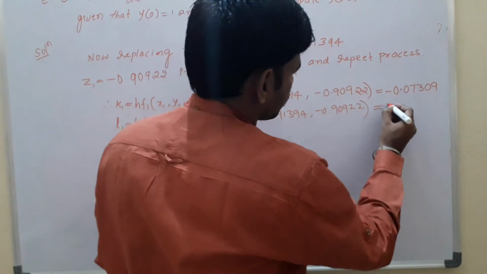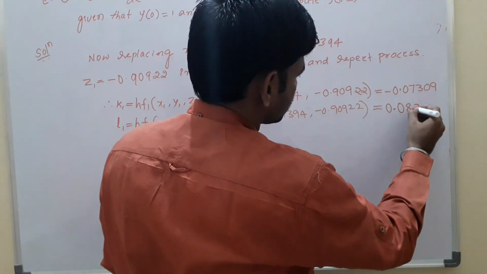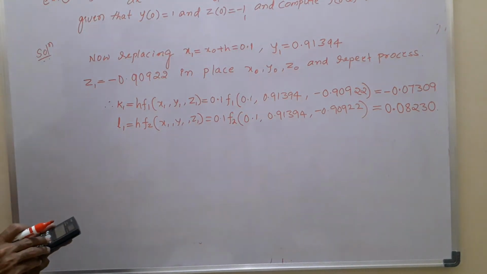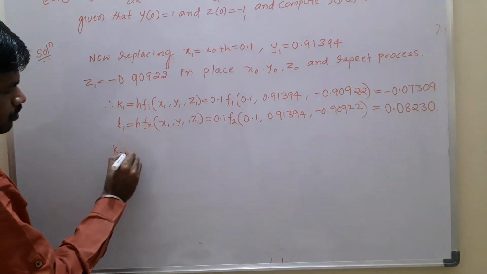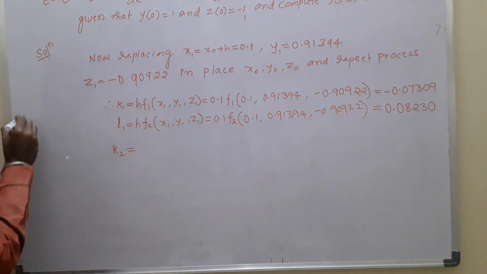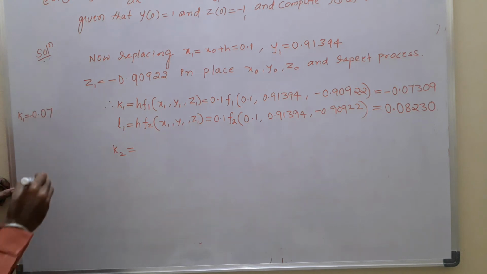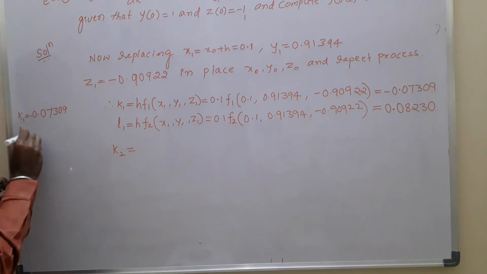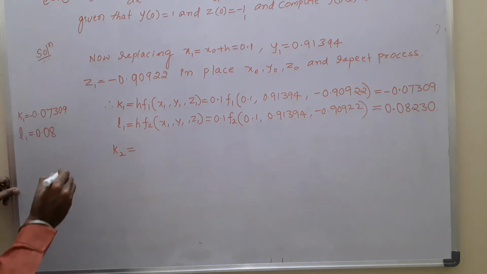So that is plus 0.08230. Similarly, k1 equal to minus 0.07309 and L1 is equal to 0.08230.